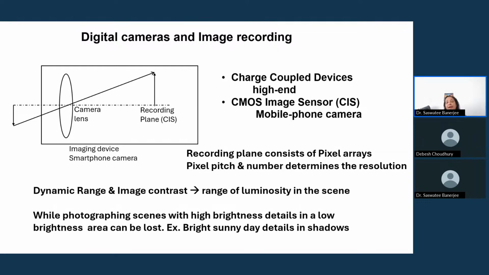If you look into the recording plane, you will see pixel arrays. This is a pixelated plane, and the pixel pitch and number determine the resolution of your photo, finally. At this moment, as you know, there is a lot of push towards high resolution in photography.